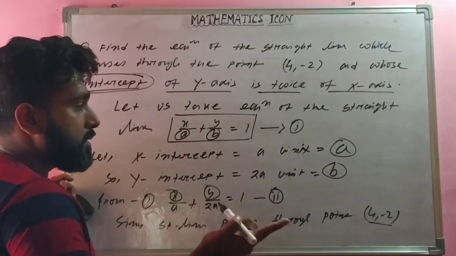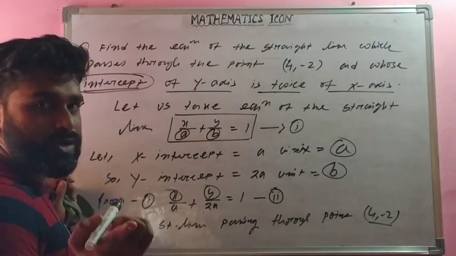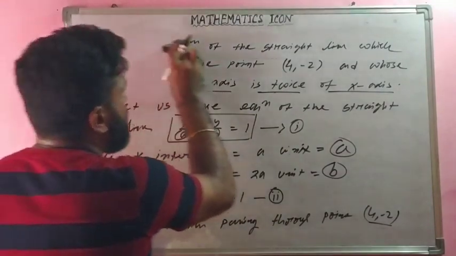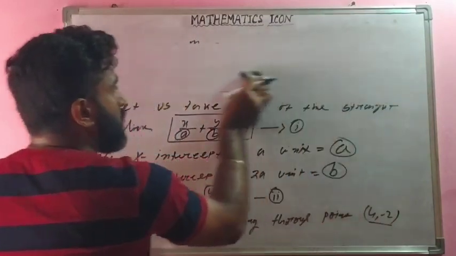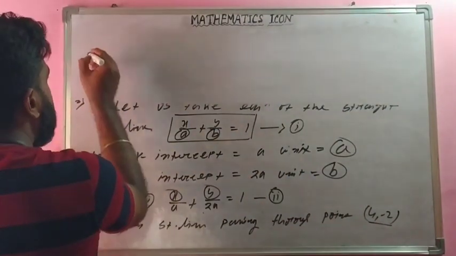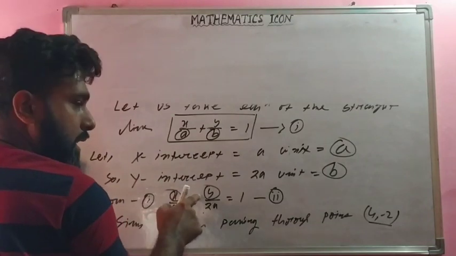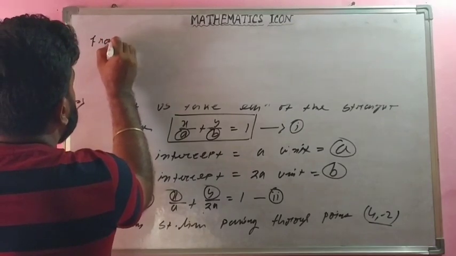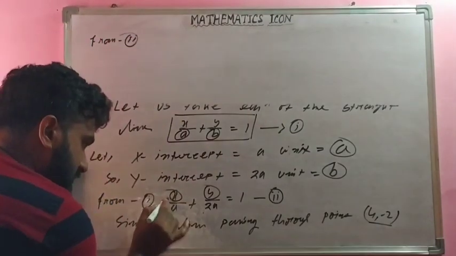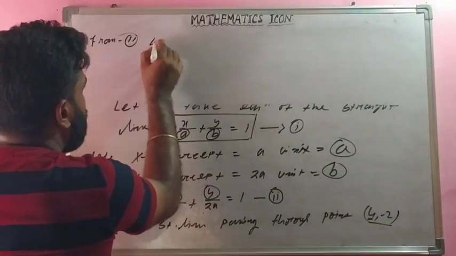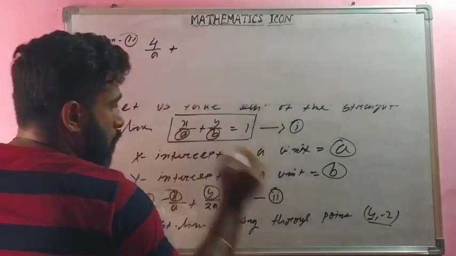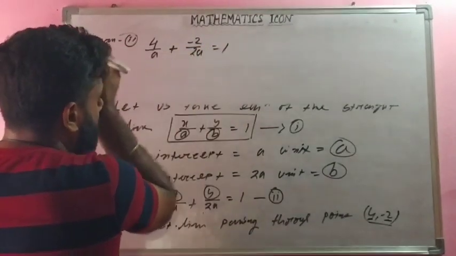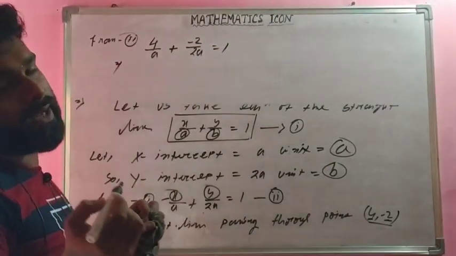This formation, I think you have seen in junior classes also. So from equation 2 you can write: if any straight line passes through a point, then the coordinates of the point can be put in place of x and y of the line. That means from 2, in place of x put 4 and in place of y put -2: 4/a plus -2/2a equals 1. Now easily you can get the value of a.